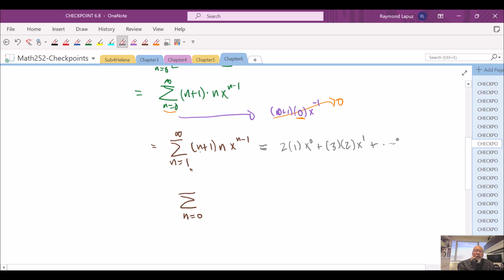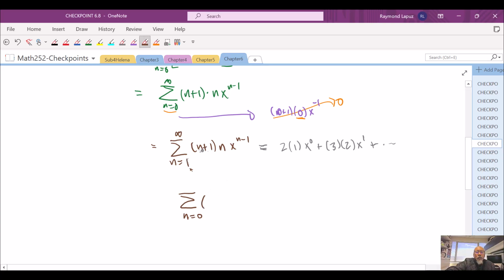So in terms of the index shift, the general rule of thumb is that if you want to subtract 1 from the starting point in n, then you would add 1 to the other n's in here. So I would probably think about adding 1 here.